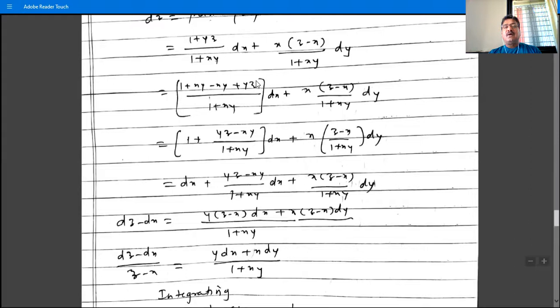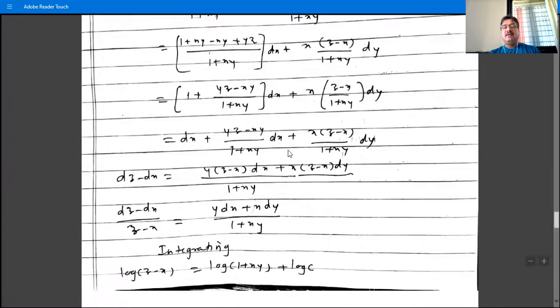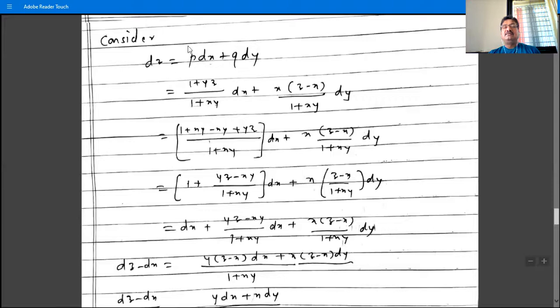So we get dx plus (yz minus xy) divided by (1 plus xy) dx, plus (xz minus x) divided by (1 plus xy) dy. This is all for the adjustment in order to integrate this equation.